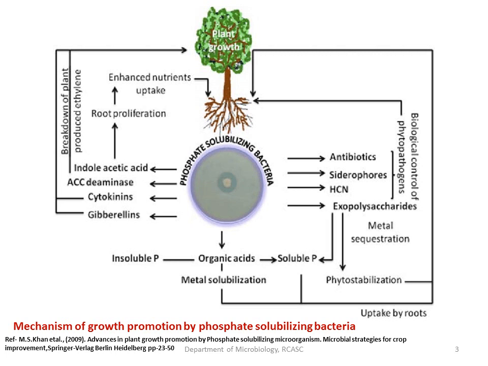Here these bacteria can produce growth promoters, especially indole acetic acid, commonly called auxin, which plays a major role in the growth of the plant.